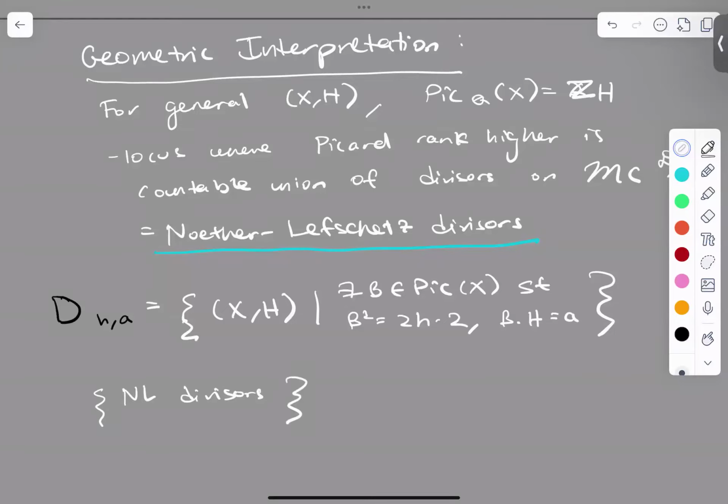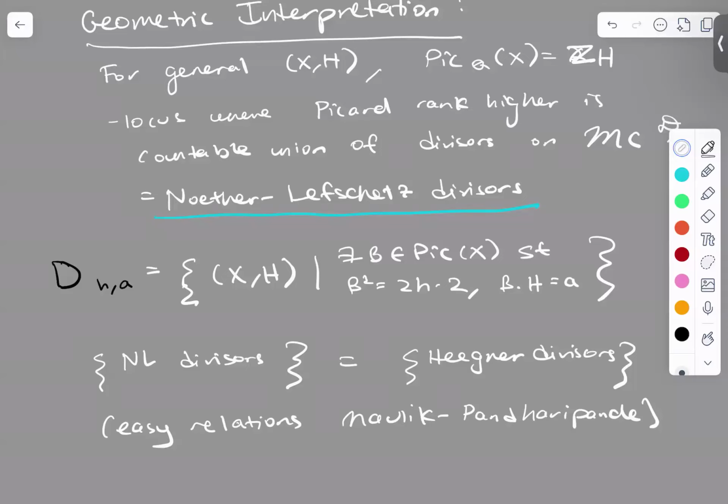And in fact, there are easy formulas that relate these, that are due to Maulik and Pandharipande. Right, so if I hand you a Noether-Lefschetz divisor with this given numerical data D_{h,a}, I can alternatively write that as a Heegner divisor with the numerical data m, mu, or vice versa.